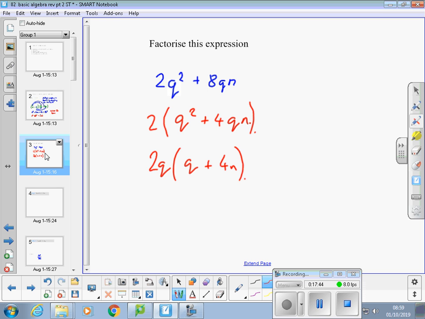And like I've said before, there might be a reason why you just want to take the q out or just want to take the 2 out, depending on what you're trying to do when you've actually got a problem. Because again, this is an expression and not an equation at this stage.